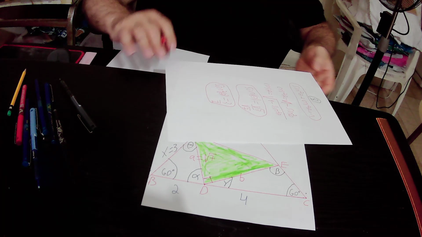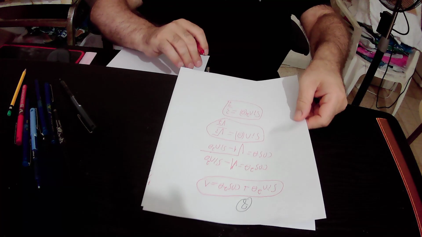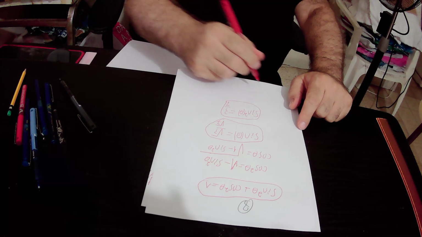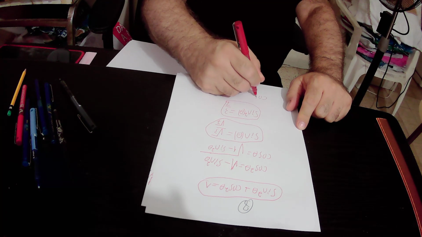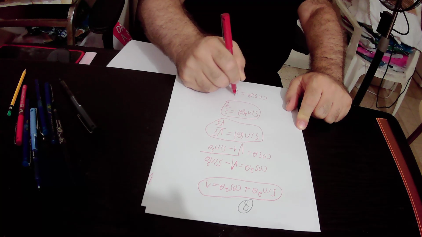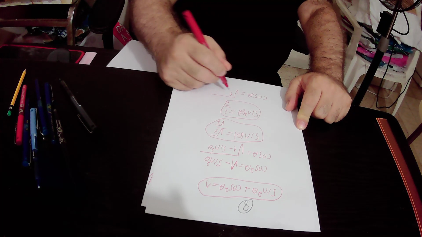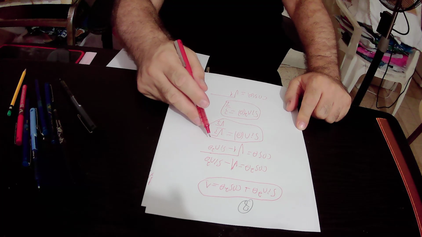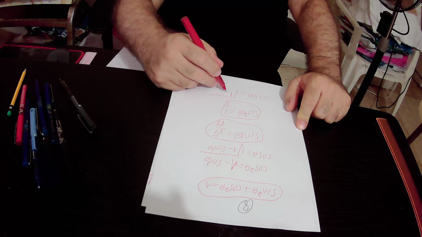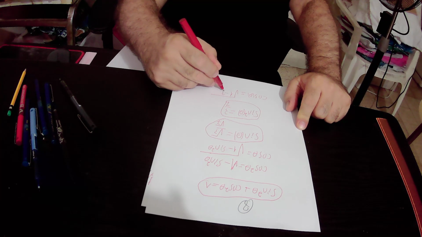Okay, so cosinus theta equals the root of 1, and instead of sinus theta squared we will write 3 over 7.